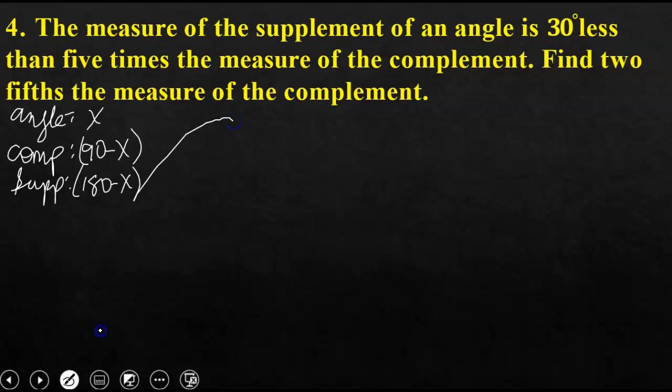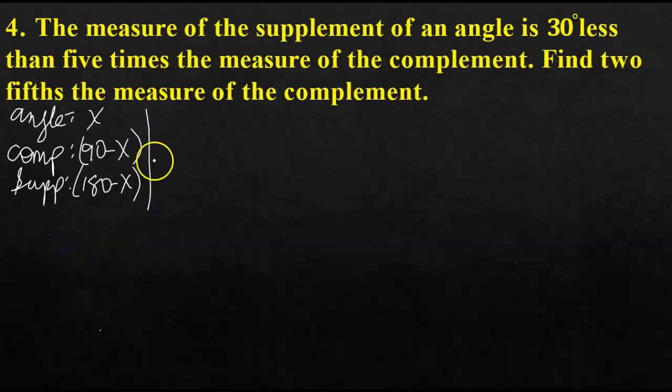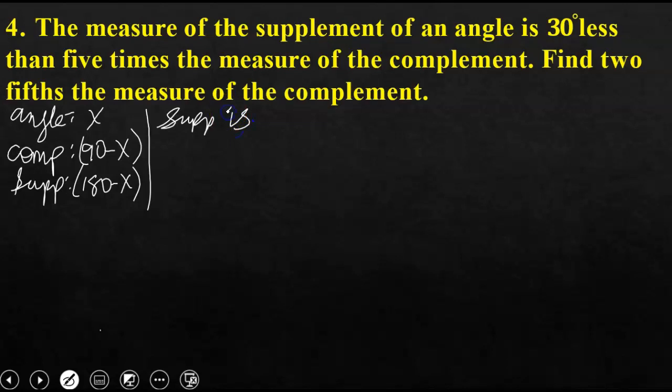Okay, so now let's write an equation. Again, it's helpful to try to shorten the statement. The first statement said the measure of supplement. So supplement is 30 less than 5 times the complement.